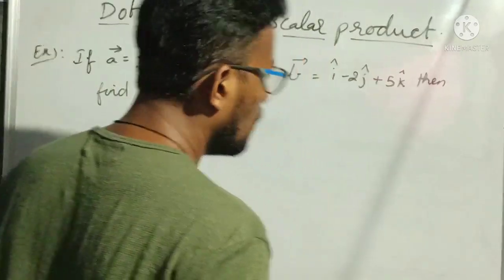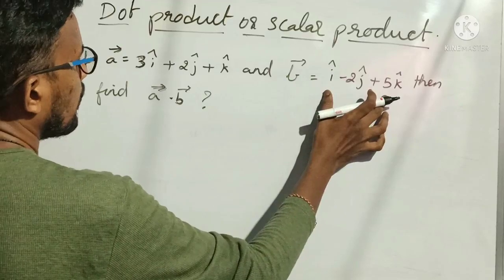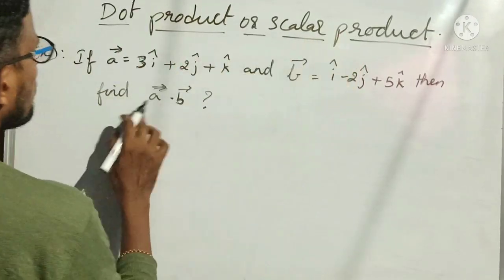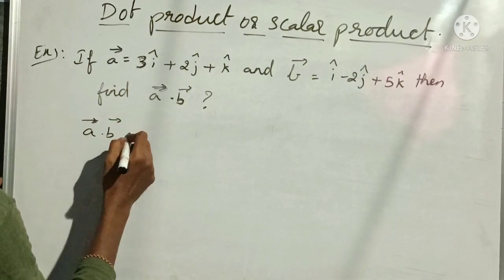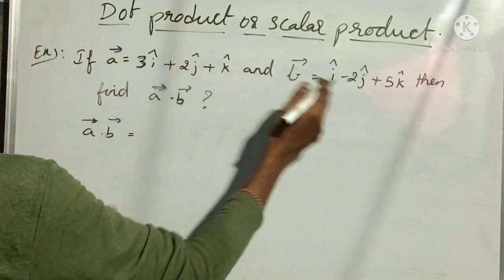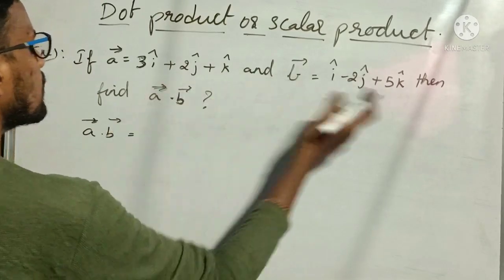Already we know that a bar dot b bar is nothing but the dot product of these two vectors. Any theta value is not given. Already we know that it is the product of coefficients of i cap plus product of coefficients of j cap plus product of coefficients of k cap.